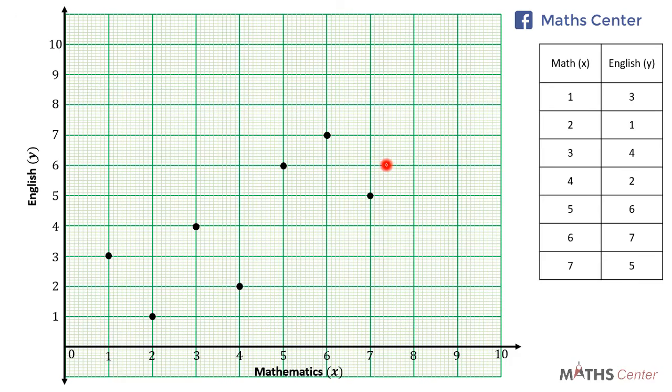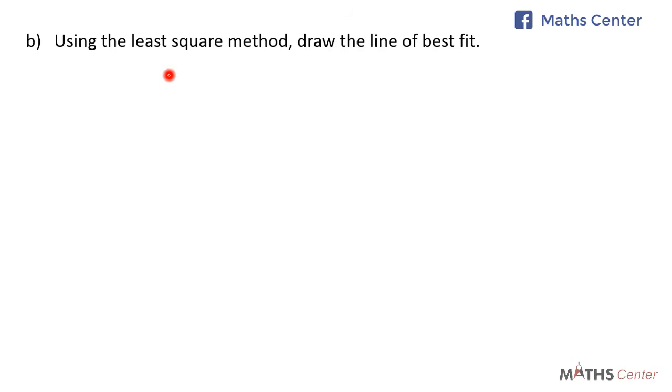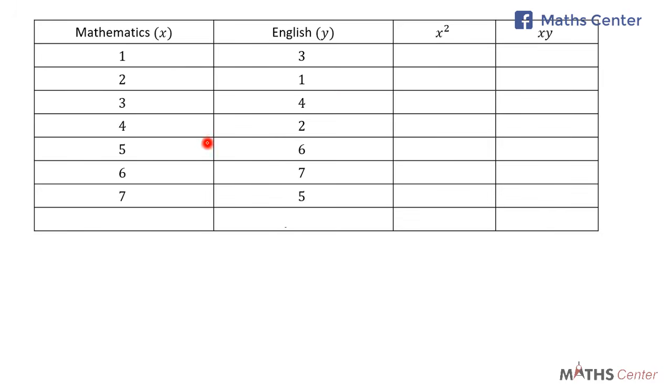Let's look at the next part of the question. It says that using the least square method, draw the line of best fit. As we have learned, with the least squares method, we can find the equation of the line of best fit. So that's what we are going to do. We will begin by drawing a table with 4 columns, as you see here.